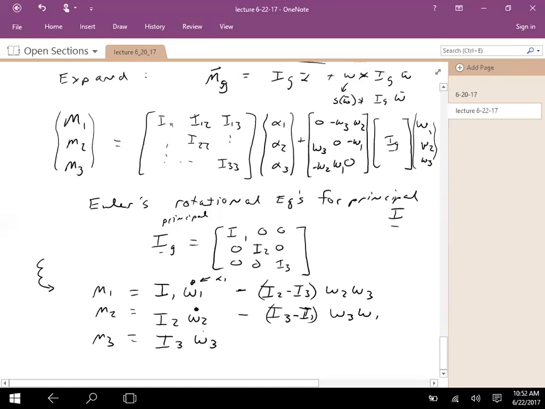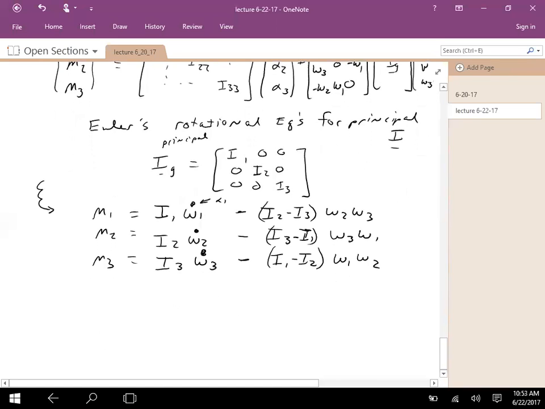M3 is I3 omega 3 dot minus I1 minus I2 times omega 1 omega 2. Or you can set this back up and solve in terms of omega 1 dot, omega 2 dot, omega 3 dot, and I'm not going to write all these out, but the first one would be I2 minus I3 all over I1, omega 2 omega 3, and so on.